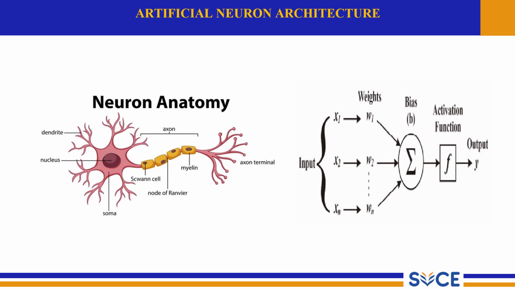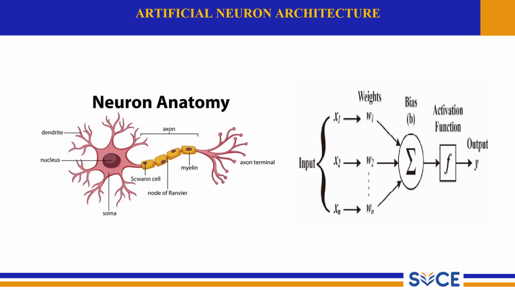On the right side, we see the equivalent artificial neuron model. The inputs x1, x2 up to xn represent the incoming signals, similar to dendrites receiving information. Each input is multiplied by a weight w1, w2 up to wn, representing the strength or importance of that input.